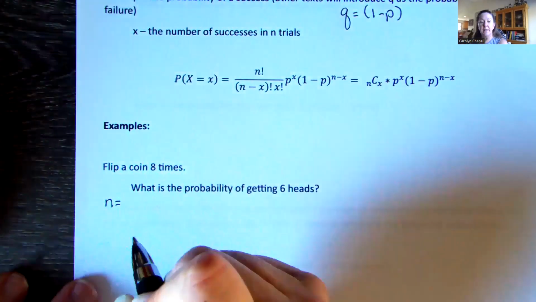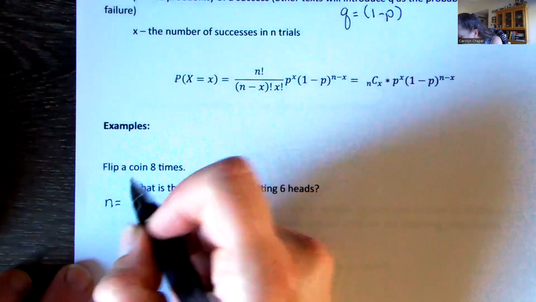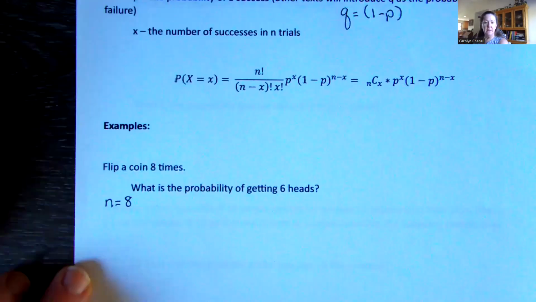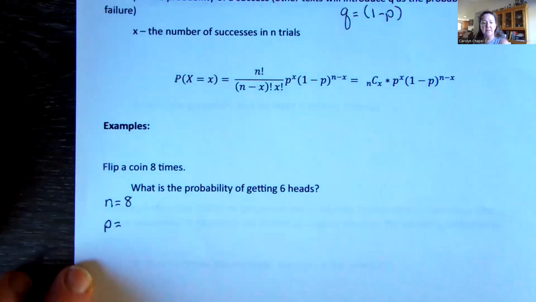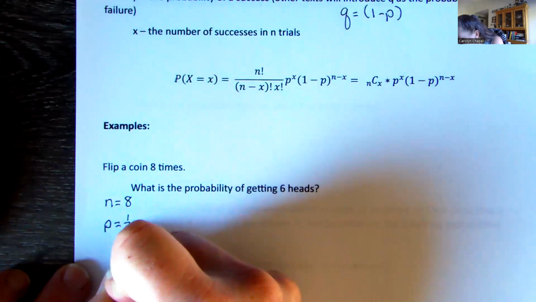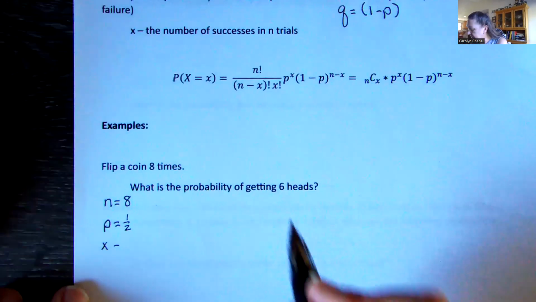So my N, that's the number of trials that we're doing. We are flipping this coin 8 times, so N will be 8. My P, that's the probability of a success. Since we are flipping a coin, that's the probability of getting a head, which is 1/2. And the X that I'm interested in is this 6.